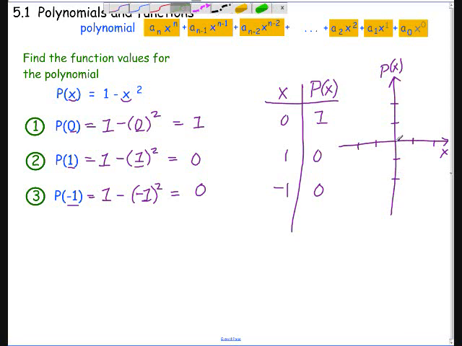When x is 0, I'm at 1. When x is 1, I'm at 0. When x is negative 1, I'm also at 0. We actually know, because this is a second order polynomial, that its graph is going to be parabolic, sort of a U shape.